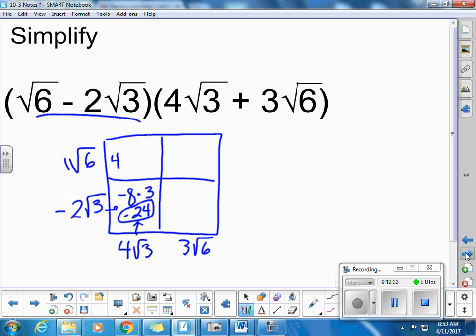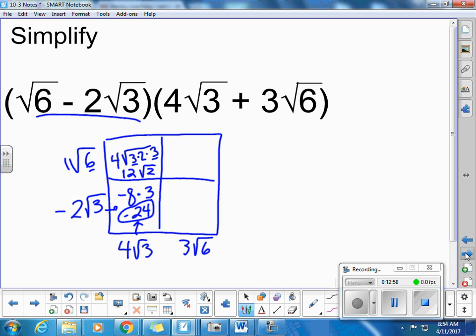Square root of 3 times square root of 6. Let's think of this 6 as 3 times 2. That would be 3 times 2 times my square root of 3 from the 4 square root of 3. And this simplifies to be 4. I'm going to pull a 3 out. So 4 times 3, which is 12. Square root of 2.